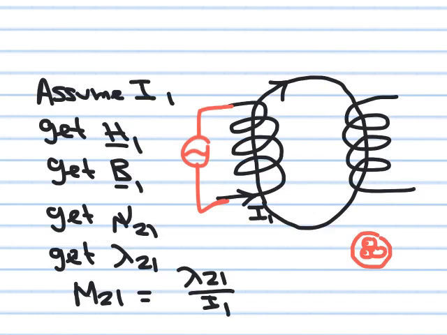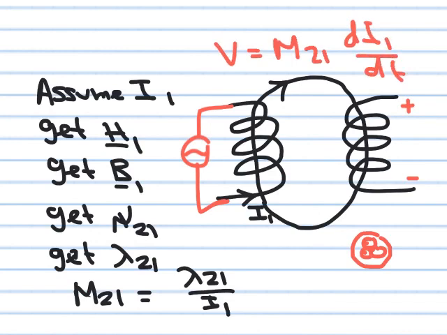The voltage that you can measure on the other side, due to the time variation of the first coil, is directly proportional to this M. So in a situation like this, the voltage you're going to be getting is M21 di1 by dt.